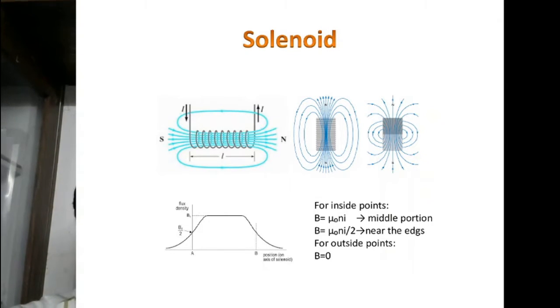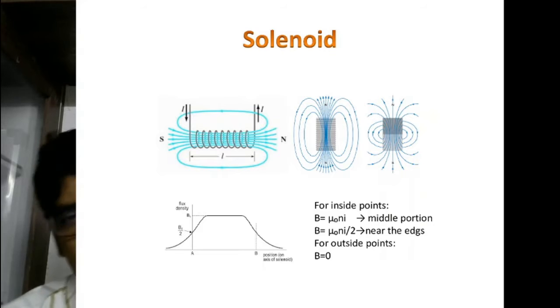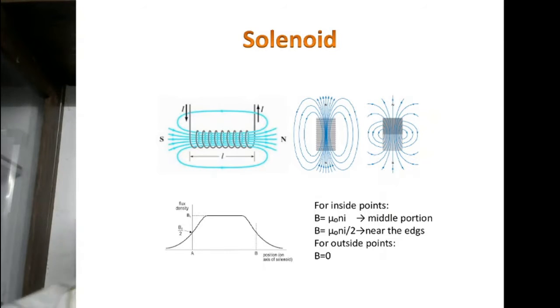Whenever you take an infinite solenoid and the turns are very near to each other, then you have a very uniform magnetic field inside of the solenoid. At points outside the solenoid, you see a very weak field. If your solenoid is of infinite dimensions, then you have totally zero magnetic field outside of that solenoid.